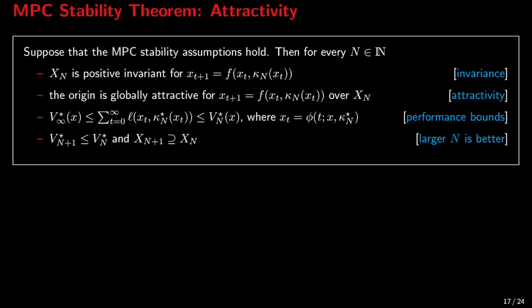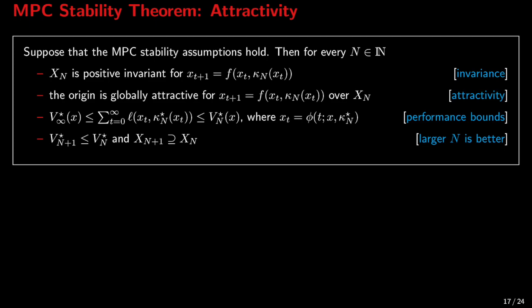Now let's see what we get if we have these MPC stability conditions. Let's see what we can guarantee for the MPC controlled system. So suppose that the MPC stability assumptions hold. Then, for whatever prediction horizon N, first, XN, the set of feasible states, is positive invariant for the MPC controlled system.